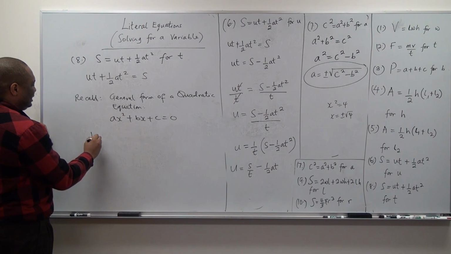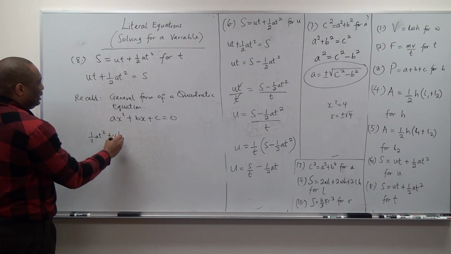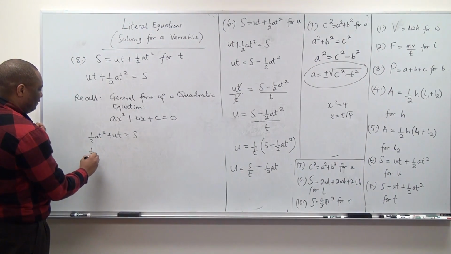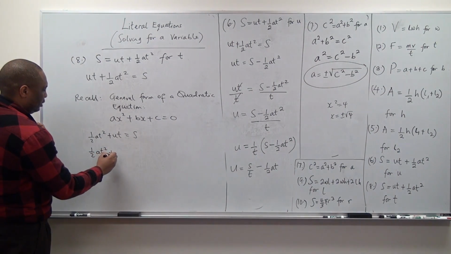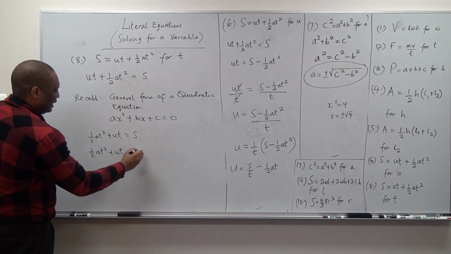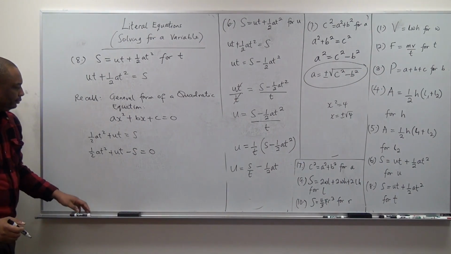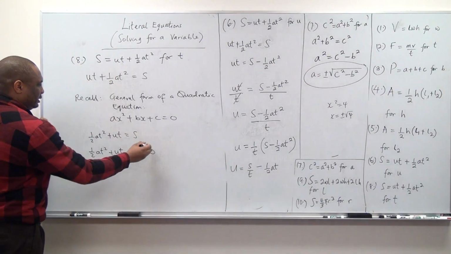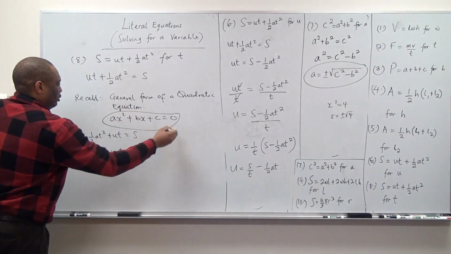This will give us half at squared plus ut equal to s. Then we move this over here: half at squared plus ut minus s equal to 0. So this looks like this.